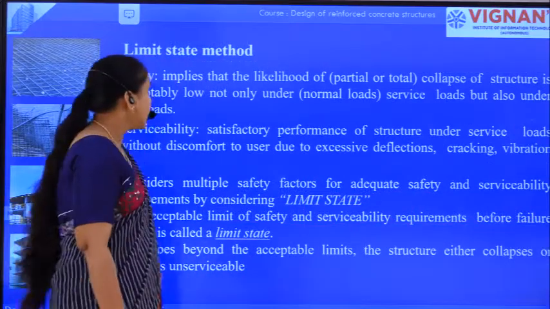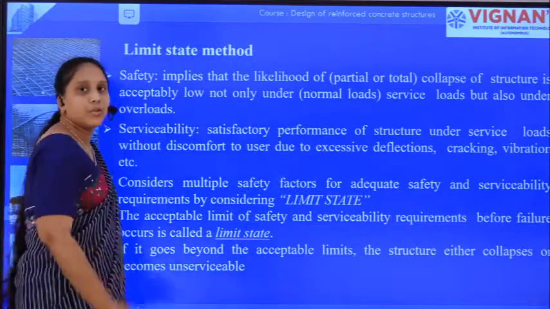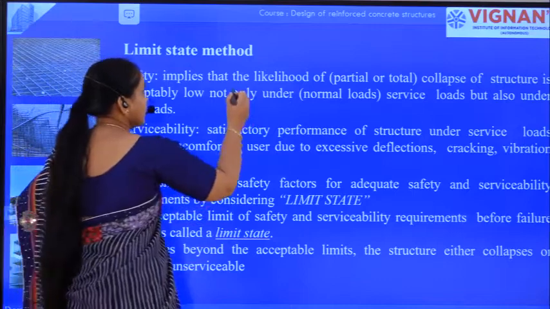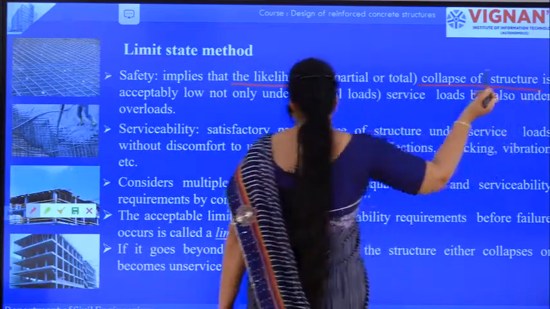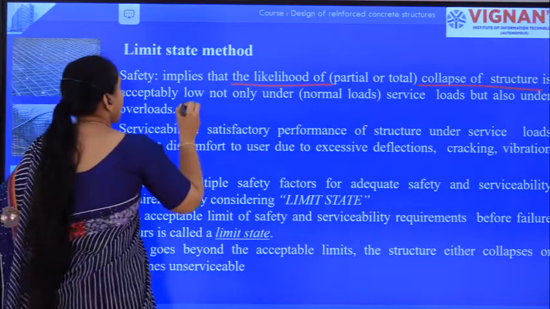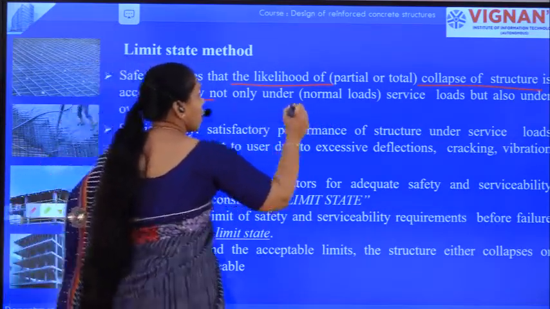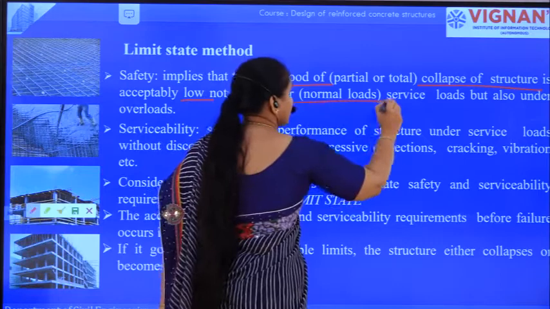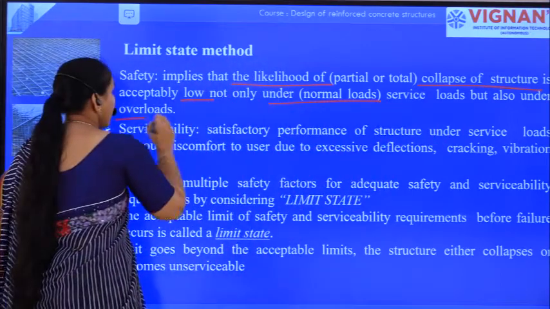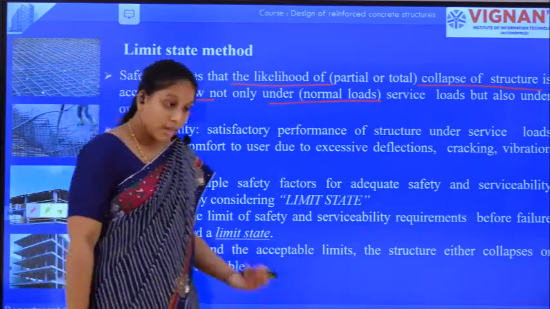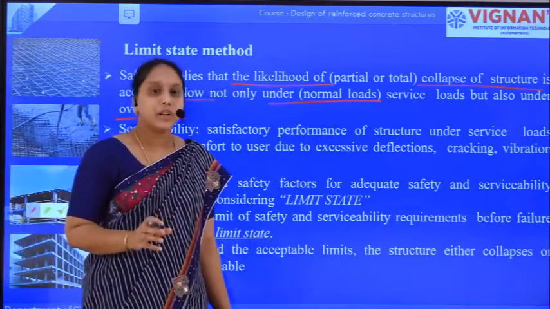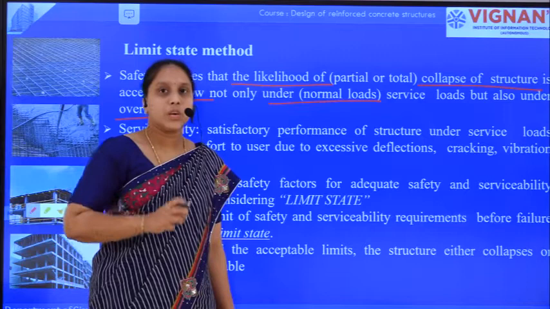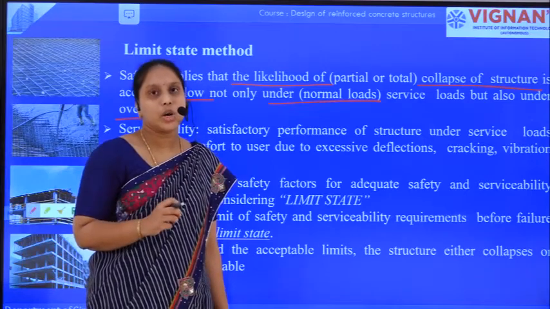In the limit state method, safety implies the likelihood of collapse of the structure is low, not only under the normal loads but also under overloads. What does this point mean? In the limit state method they are taking the safety point into consideration.